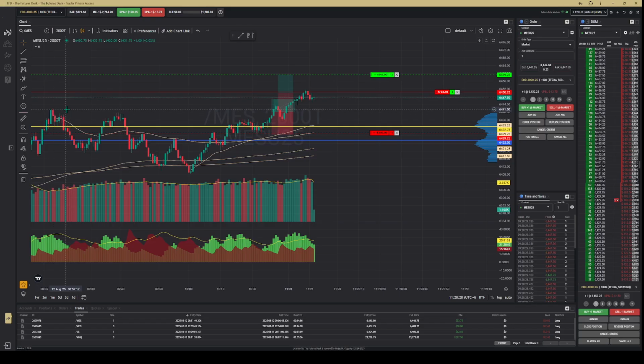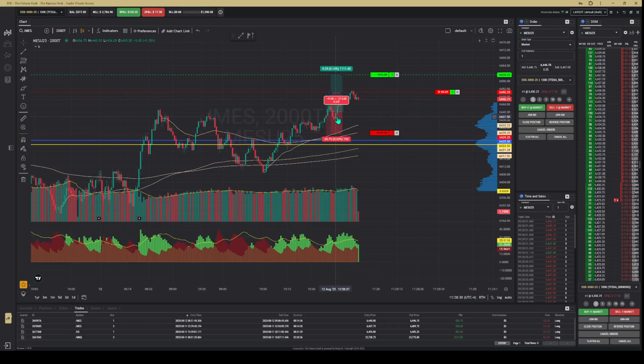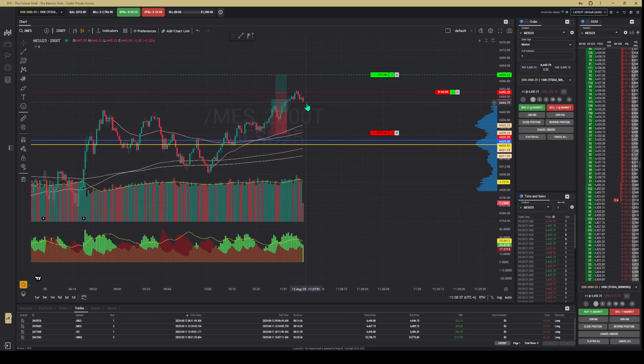So we broke this high right here and swung low, swung a little bit higher, and now we're consolidating. Likely to move higher again, hopefully, but there are no guarantees.